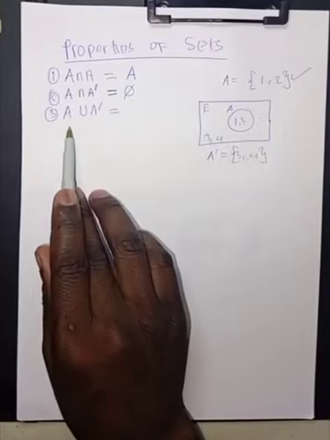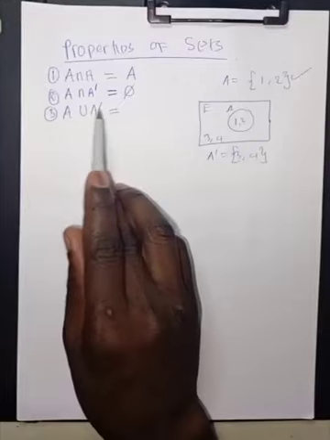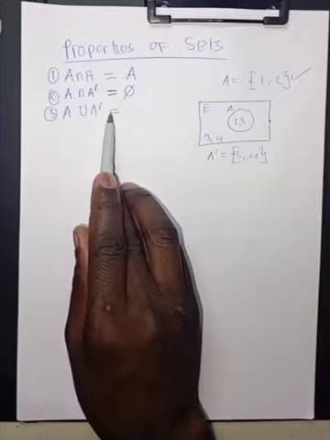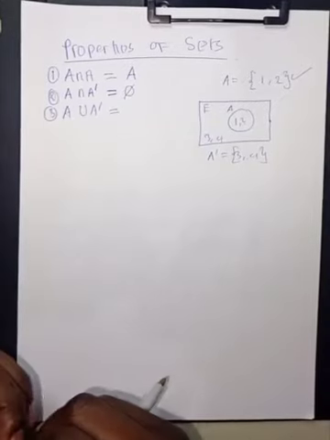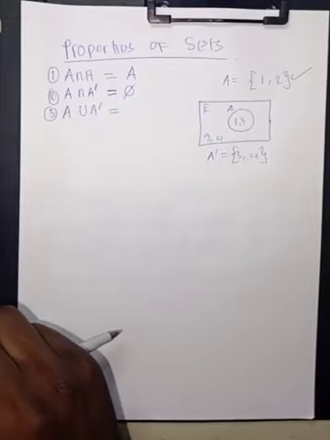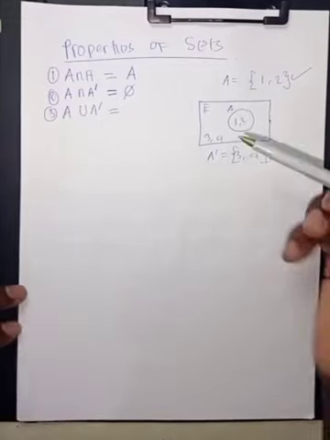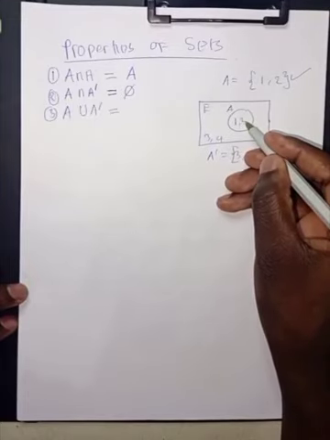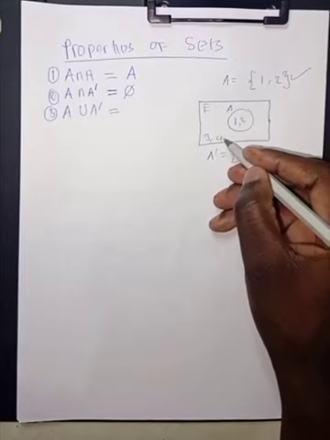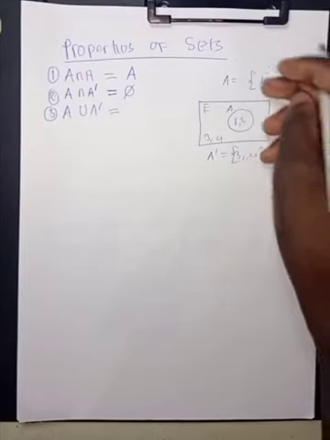But in this case, A union A complement means putting together elements inside A and elements outside A. What is in A? We have 1 and 2. Outside A, we have 3 and 4, meaning we are putting together everything.